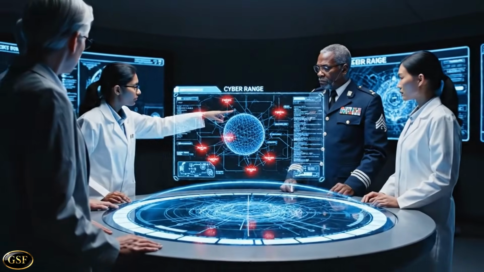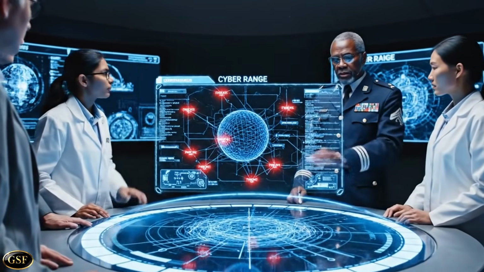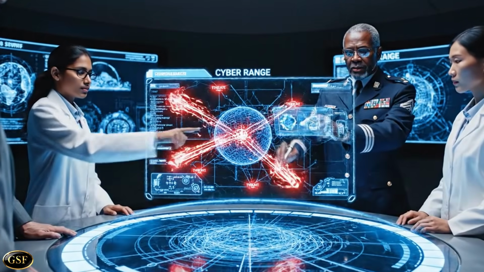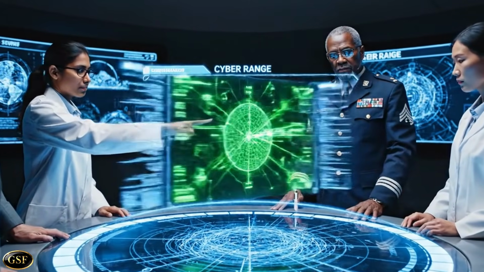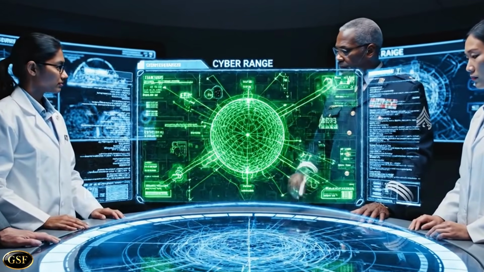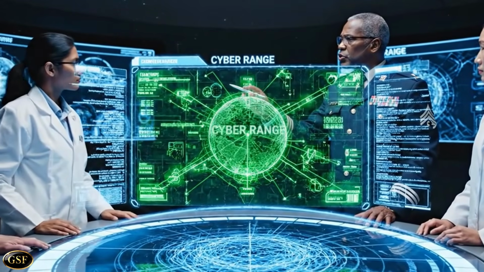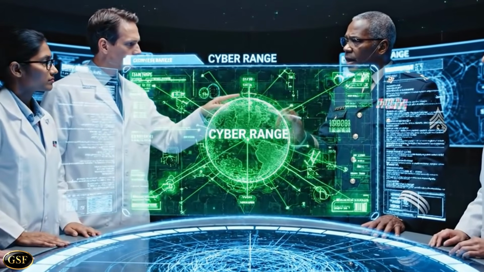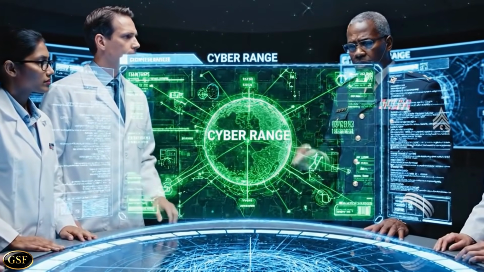A compelling example comes from the Ministry of Defence of a European country that, to improve its cyber deterrence posture, built a cyber range, a virtual sandbox where attackers and defenders could play a repeated game of intrusion versus patching.